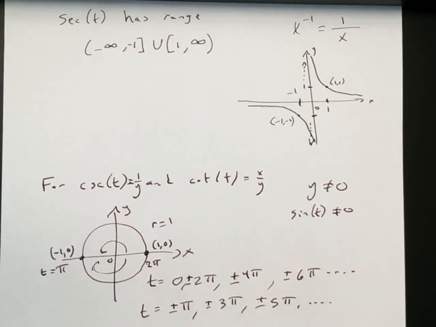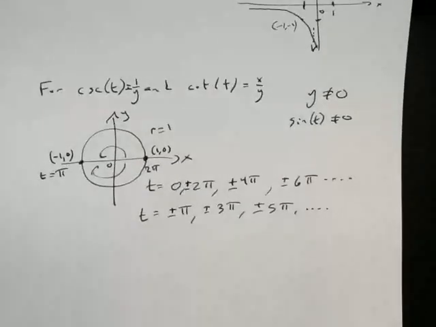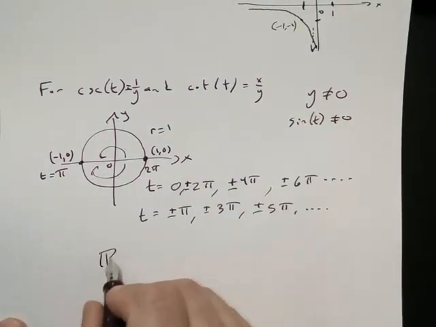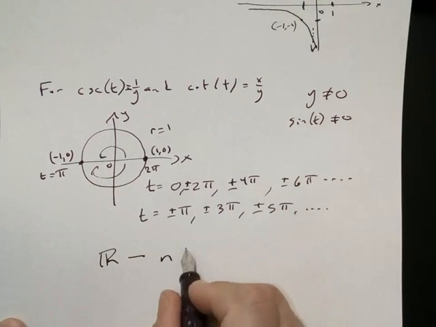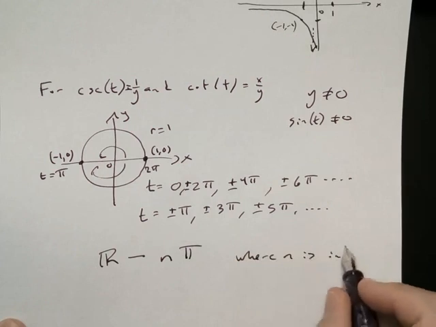So all of the places where I'm going to get a 0 in the y value are all whole number multiples of pi. And those are the spots we have to throw out. So I can say, hey, throw out any multiple of pi where n is an integer.